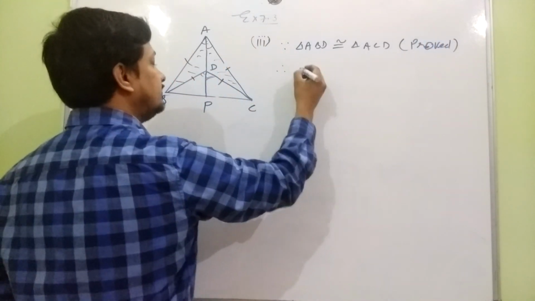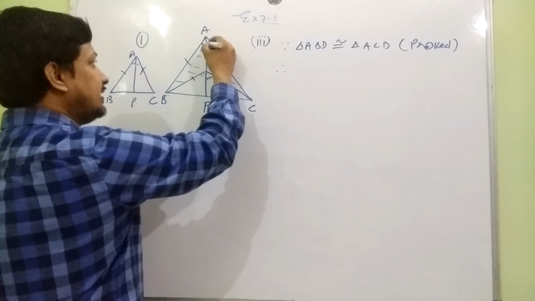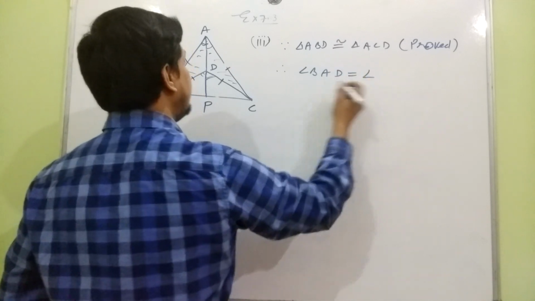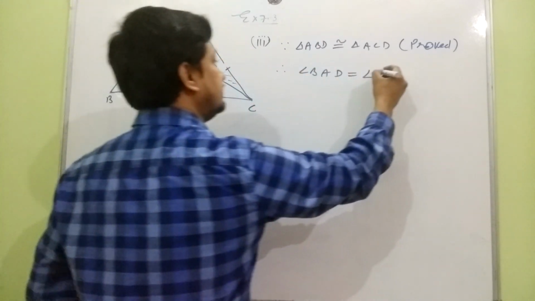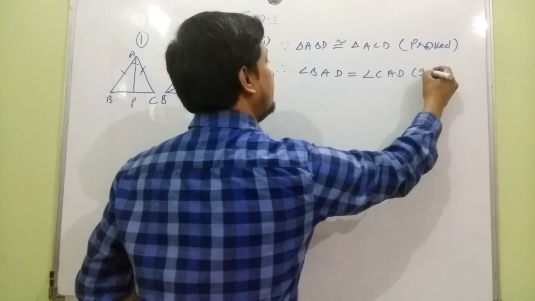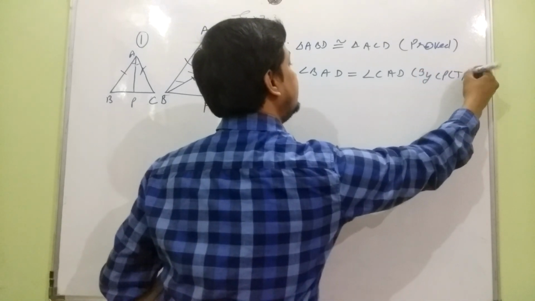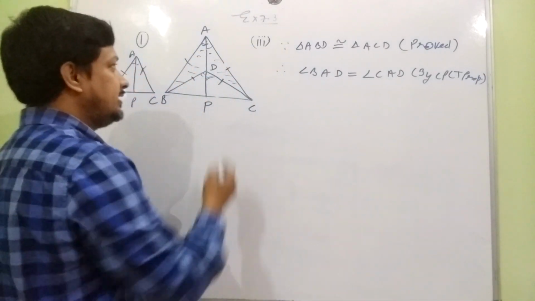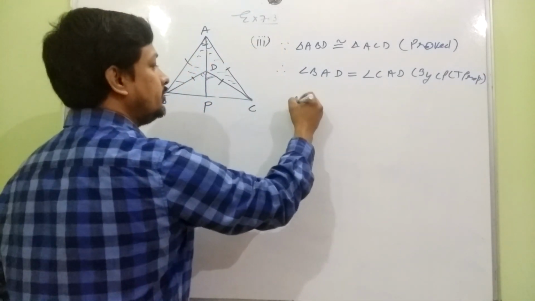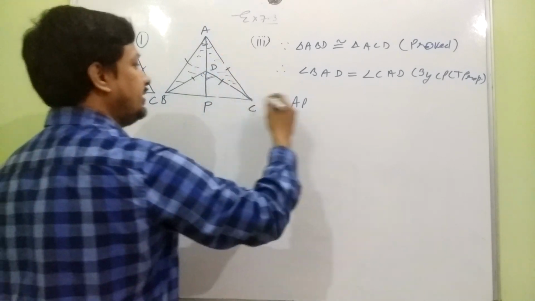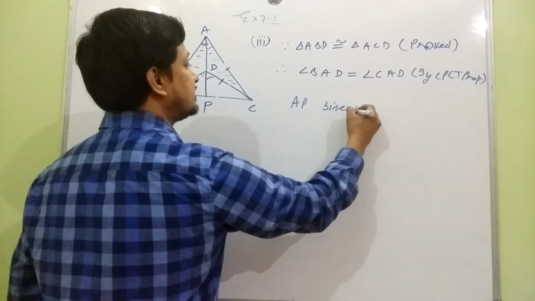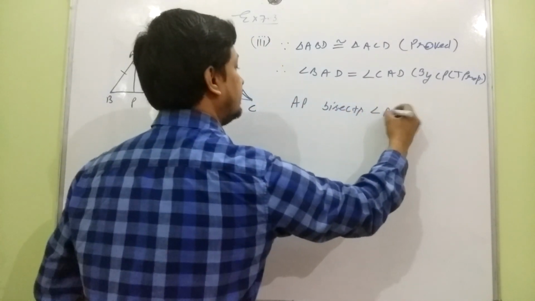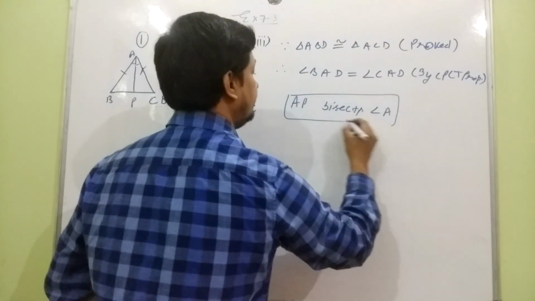So you can say this angle BAD is equal to angle CAD by CPCT property. So if these two angles are equal, then we can conclude that this line AP bisects the whole angle A. So first thing we have proved.